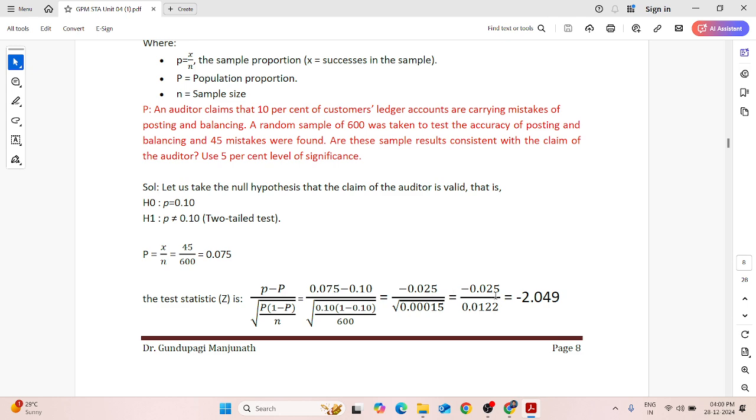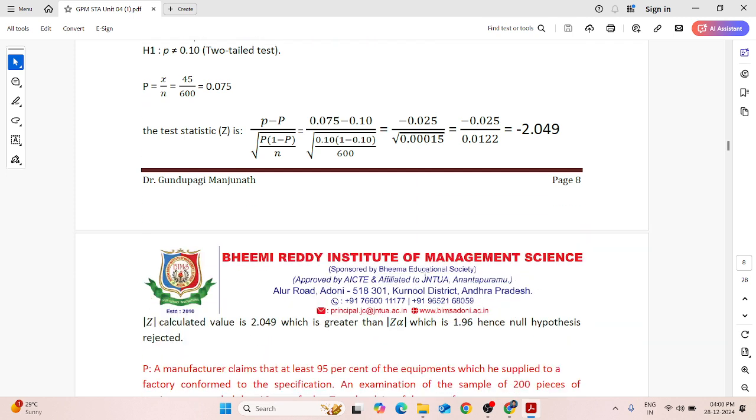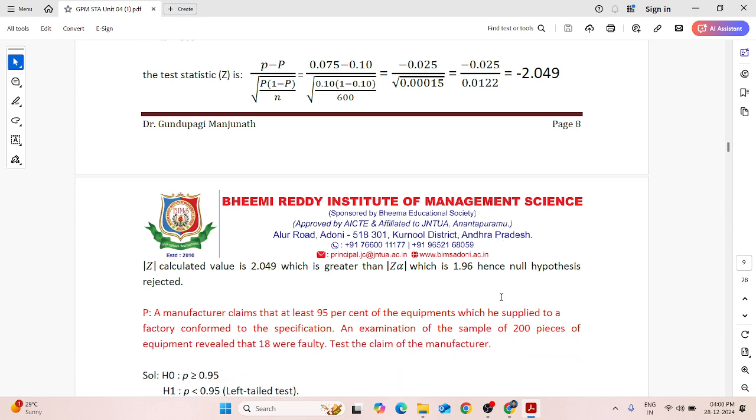By simplifying we get minus 2.049. So the Z calculated value is greater than Z alpha, which is 1.96. Hence we say that the null hypothesis is rejected.